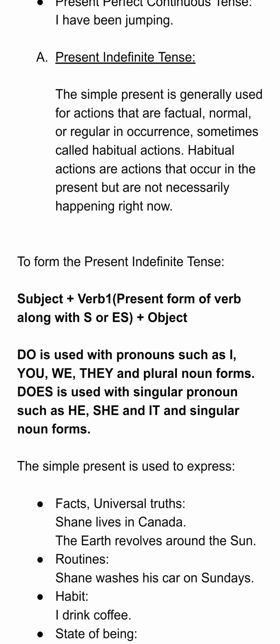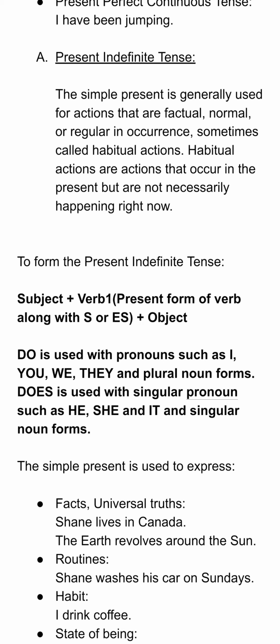To form the present indefinite tense, we use the formula, which is subject plus verb 1 plus object. Now verb 1 means the present form of the verb along with s or es.